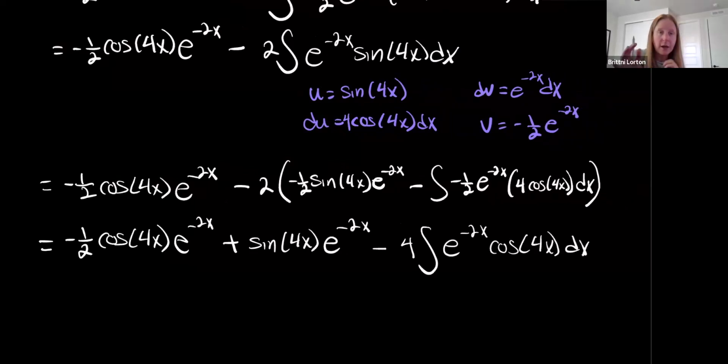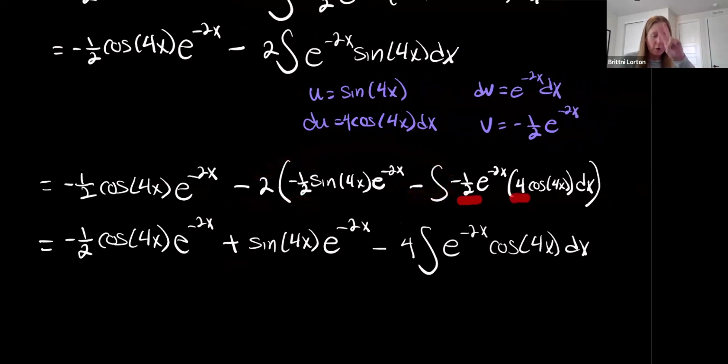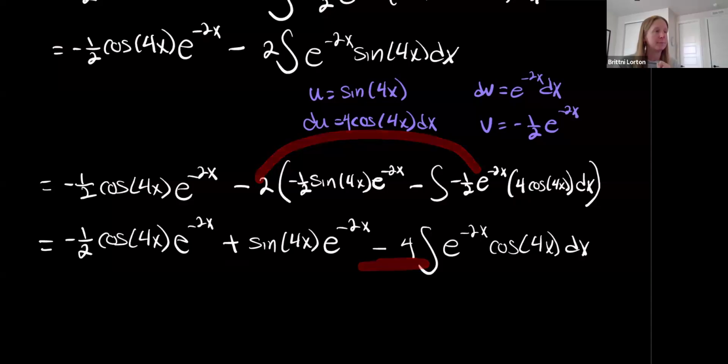Let me check. Let's point out what it is that I did and keep track of things. Maybe I've not done it all correctly. I'm distributing. So that's why that negative 2 and negative 1/2 turn into a positive. Those two negatives canceled. And this became 1/2 times 4, which is 2. And then I multiplied it by that negative 2, which is where I got that negative 4 from. Cool.